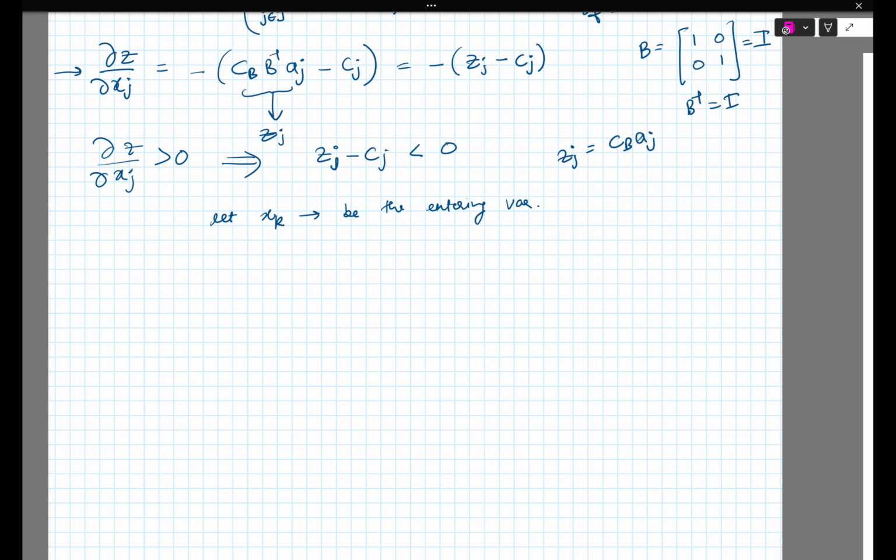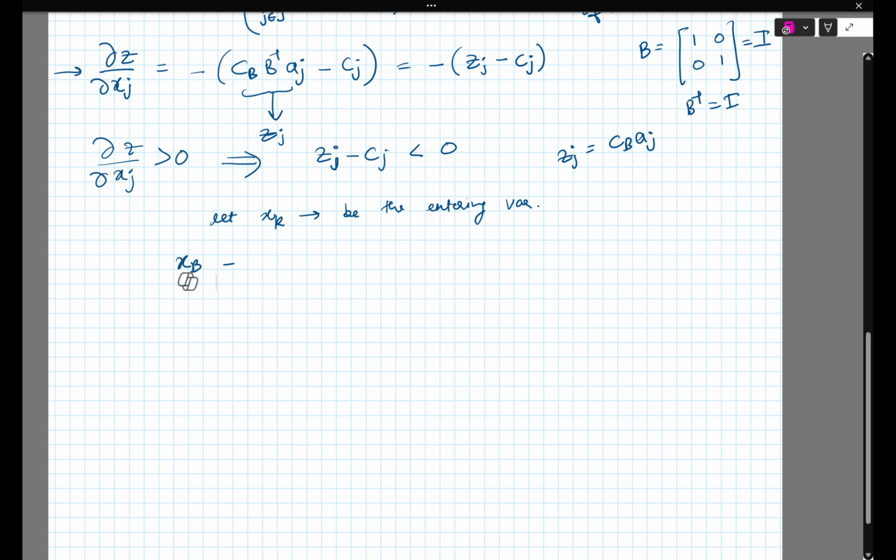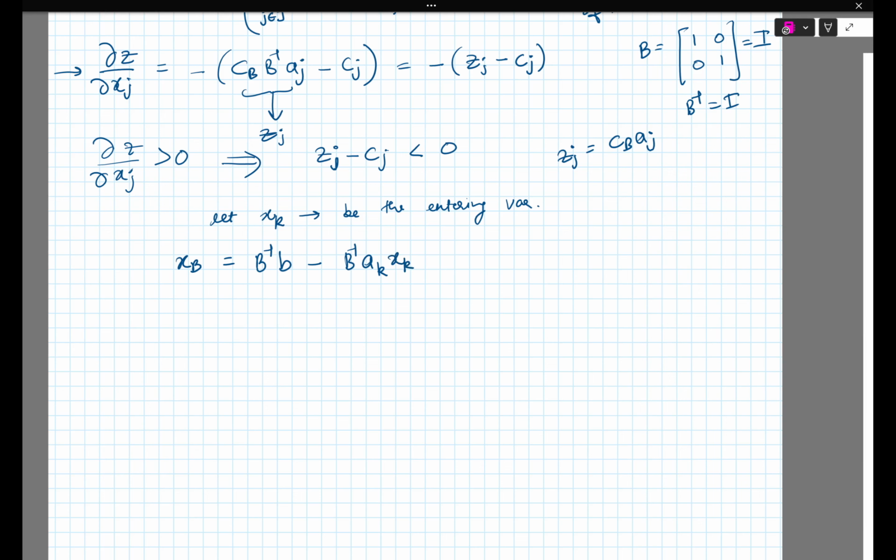Now you can write the basic variable in terms of the entering variable, basically B inverse b minus B inverse Ak xk.